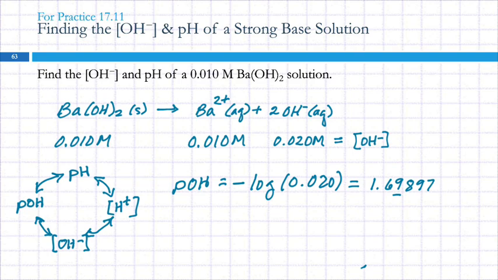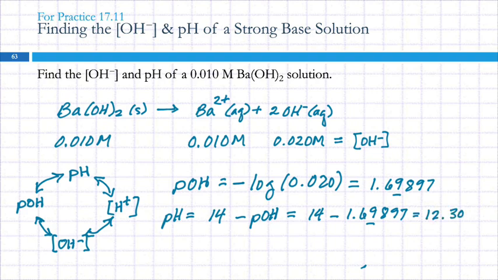The relationship between pH and pOH, they add to 14, right? So the pH is going to equal 14, exactly 14, minus the pOH. .30103.